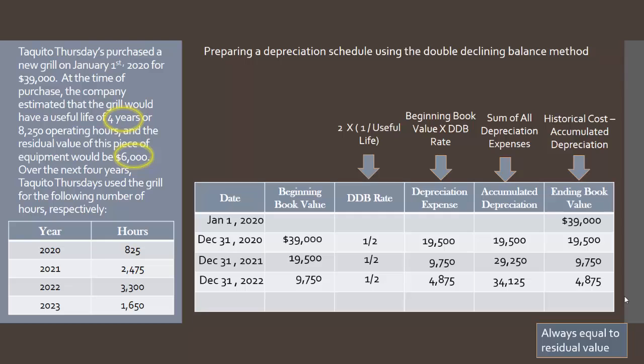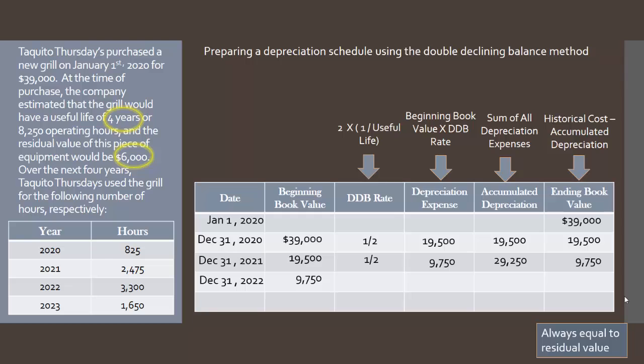So when you get to a point in the double declining method where your number is going to end up lower than your residual value, instead of using your existing double declining balance rate, all you do is record an amount of depreciation expense equal to the difference between your beginning book value at the beginning of the year and your residual value.